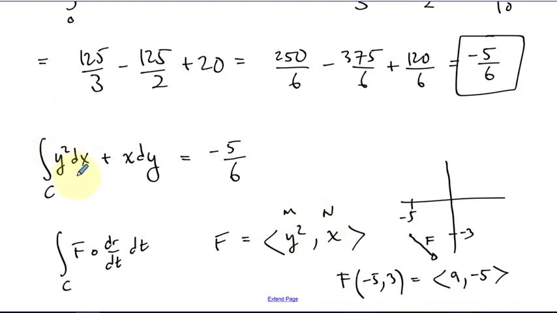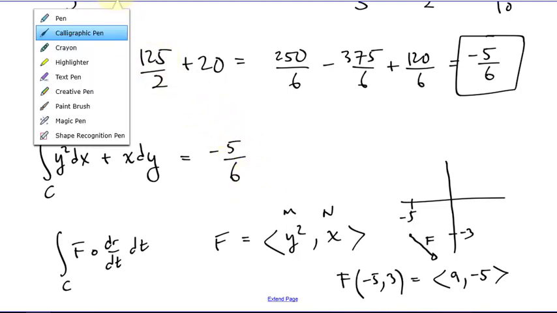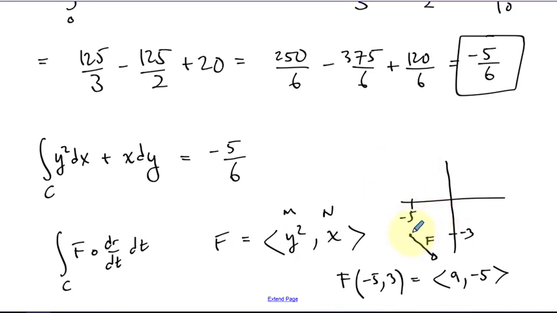So looking at this line integral back in this vector form, in calculating an answer of negative 5 over 6, I could think of it as almost like, what is the work that this force F does on a particle that moves along the path given by C, which was actually a path that I didn't draw here, but the path was from this point up to the point 0, 2.